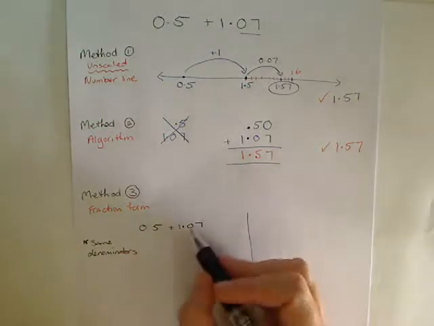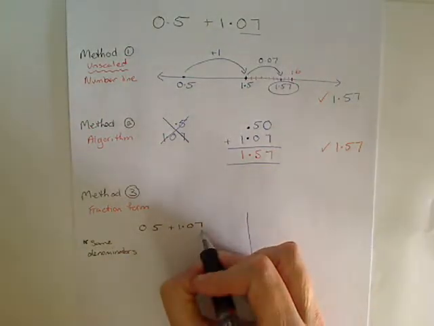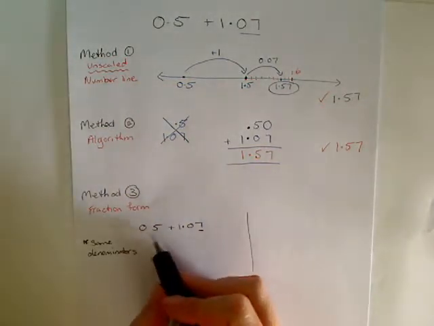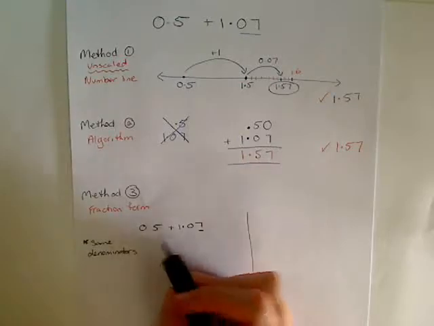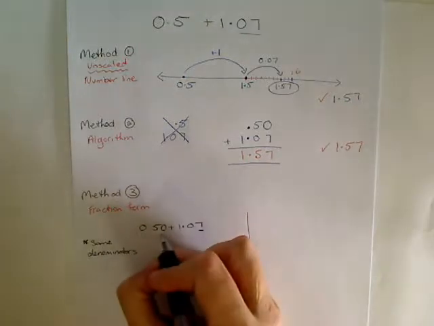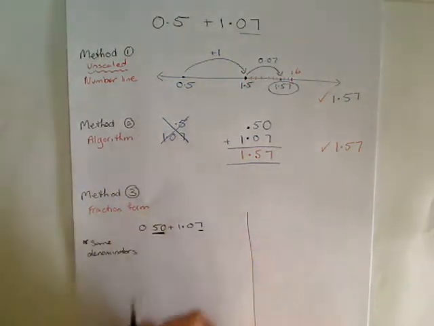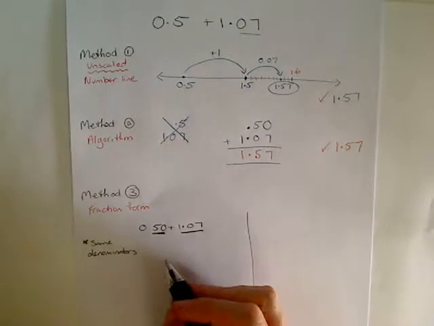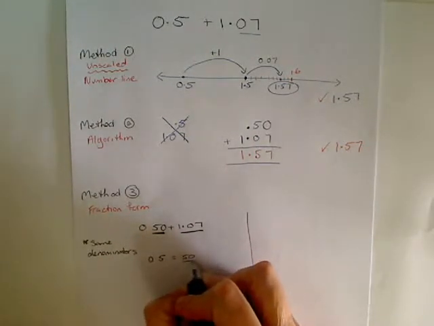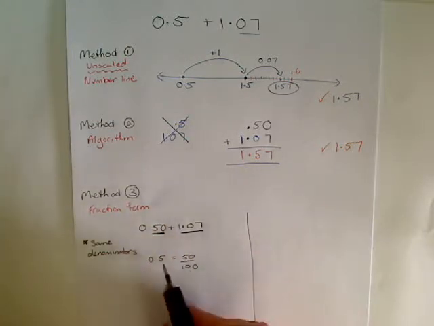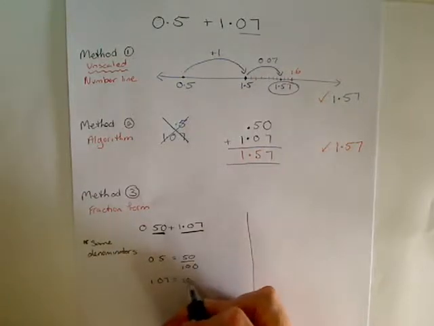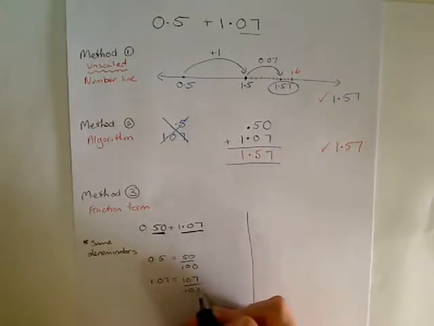Now to do that, this number here on the right is some hundredths, 107 hundredths in fact. So I want to write this number as hundredths as well, which means I need to take that trailing 0 and put it down here as well, so that I can read hundredths, hundredths. So my two numbers, 0.5 is actually the same as 50 hundredths. That makes sense, they're both worth a half. 1.07 is equal to 107 hundredths.